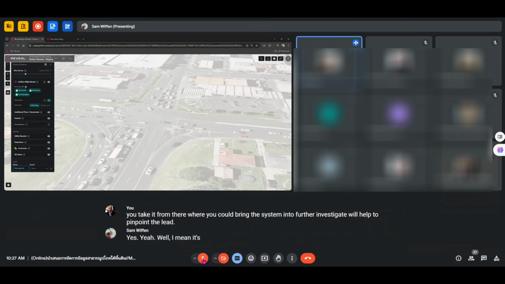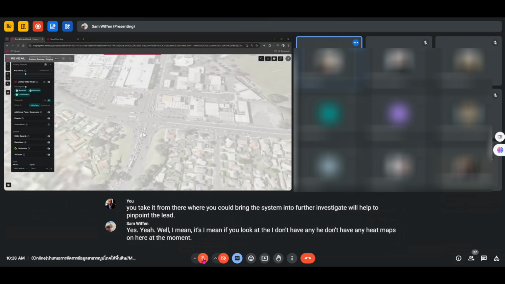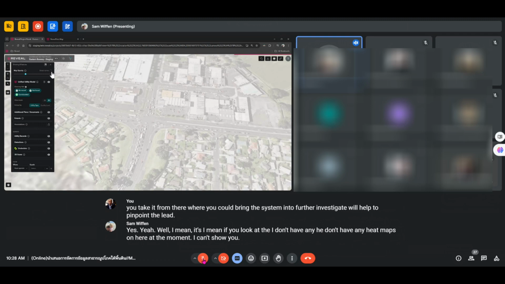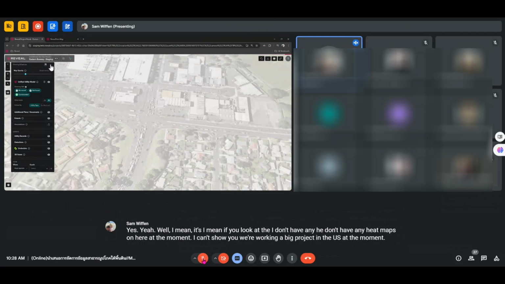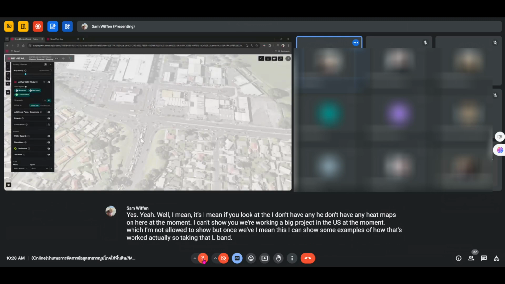Well, I mean, do I have any heat maps on here at the moment? I can't show you. We're working on a big project in the US at the moment, which I'm not allowed to show. But once I can, I'll show some examples of how that's worked. So taking that L-band, we can look at those heat maps. We're doing that mainly for pavement as well.